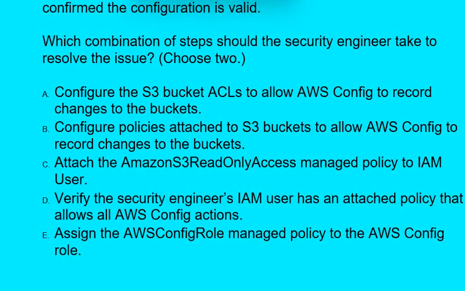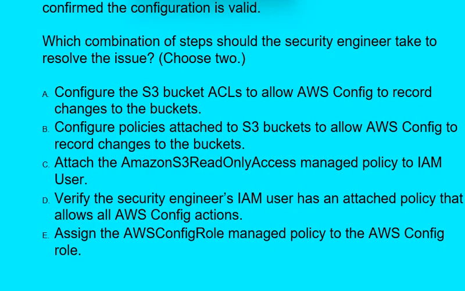Option A: configure the S3 bucket ACLs to allow AWS Config to record changes to the buckets. Option B: configure policies attached to S3 buckets to allow AWS Config to record changes to the buckets. Option C: attach the Amazon S3 read-only access managed policy to the IAM user.